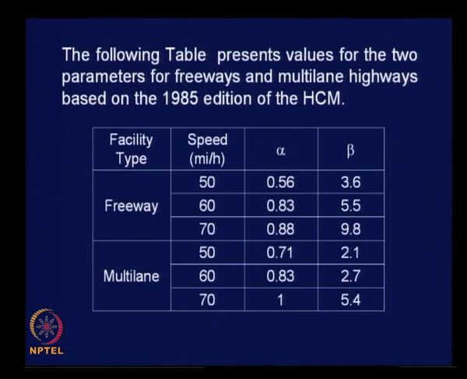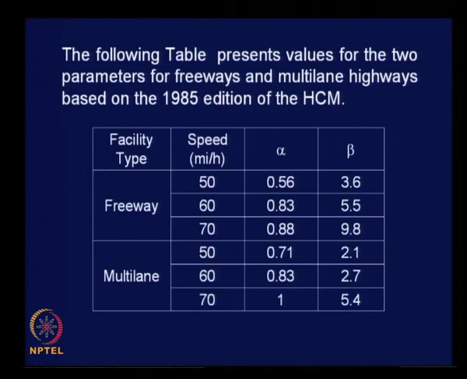In general, you can find that the values of alpha in the case of multi-lane roads are relatively more compared to freeways, and when you look at beta, it is less.